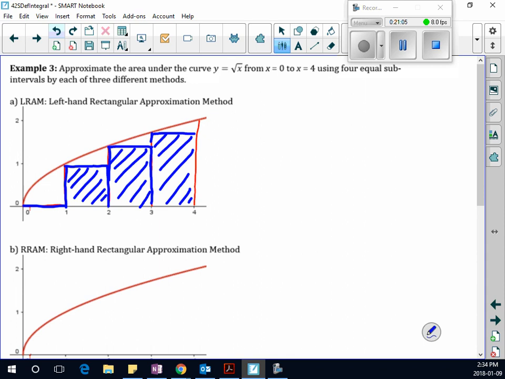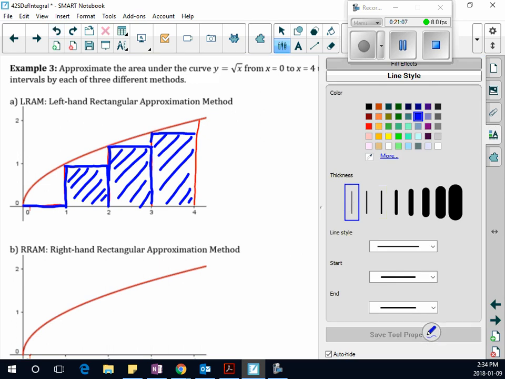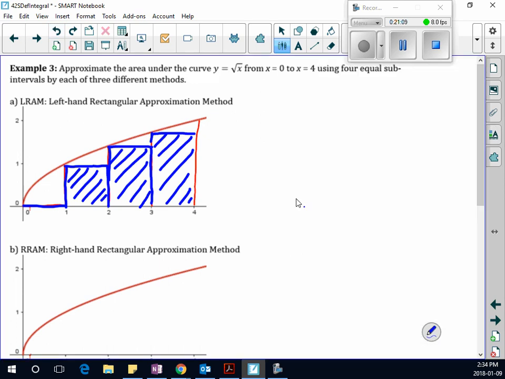Okay, so I'll give you a second to figure out the area. We may use a calculator for this one just to get a rough estimate. Otherwise, we're going to be leaving it all in square roots. So the area is 1 times 0 plus, what's the height of that one?